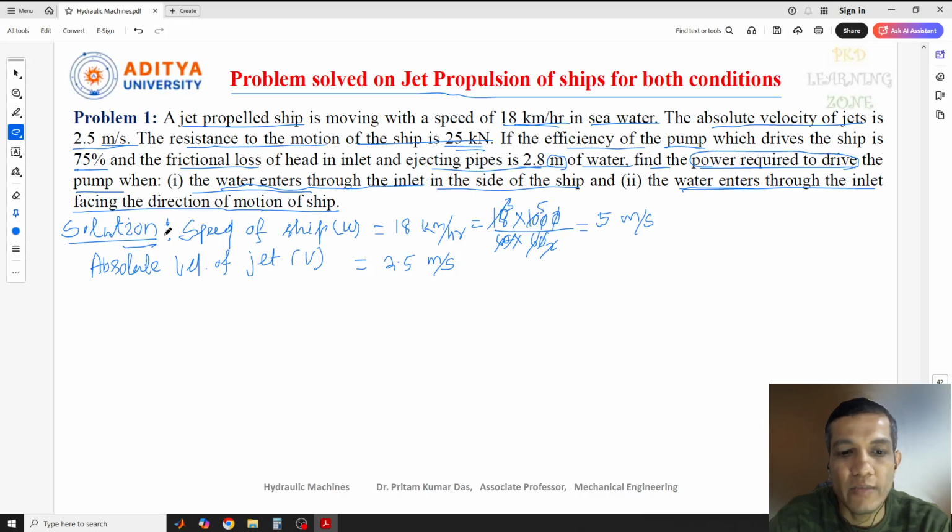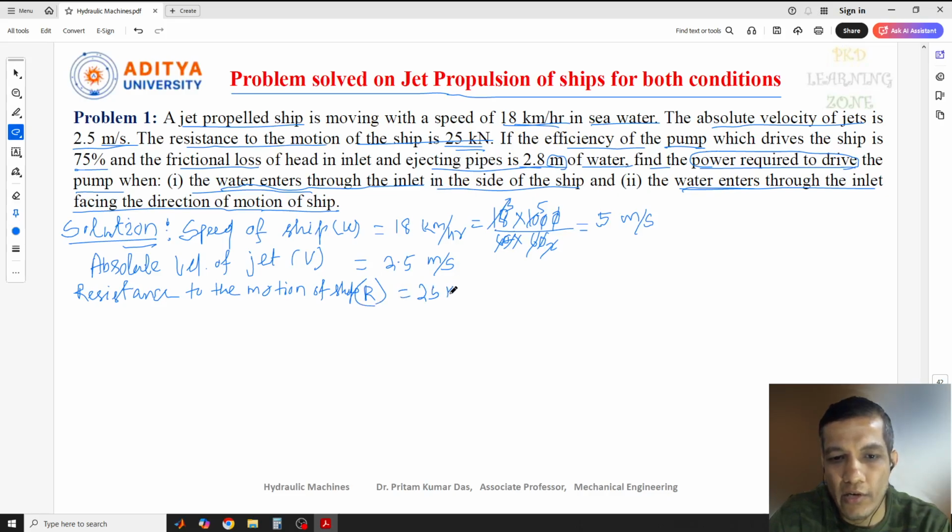We mark this resistance to the motion of the ship as R, which is 25 into 10 to the power 3 Newton.